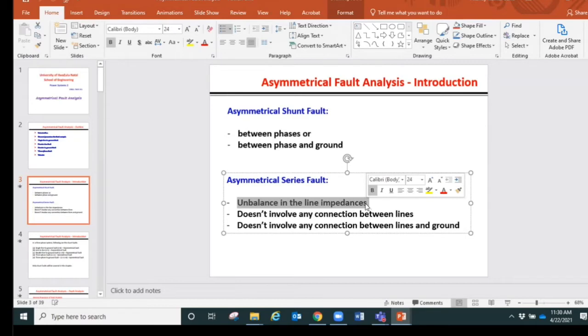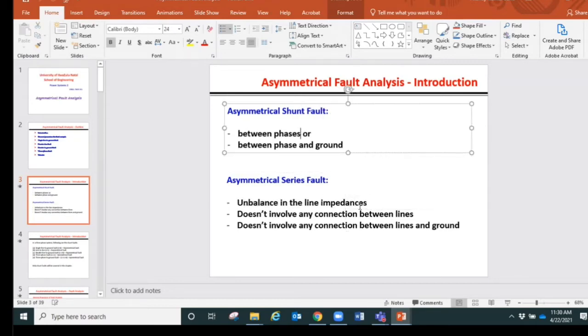And it doesn't involve any connection between lines or phases. If there is any connection between any two phases or lines, then it will be a shunt fault. It doesn't involve any connection between lines and ground. If that happens, then it's a shunt fault, not a series fault.